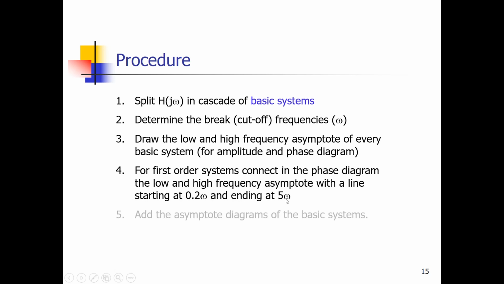And when we do that for all basic systems, we can add all different plots together, and then we get one Bode amplitude plot, and we get one Bode phase plot of the complete system.